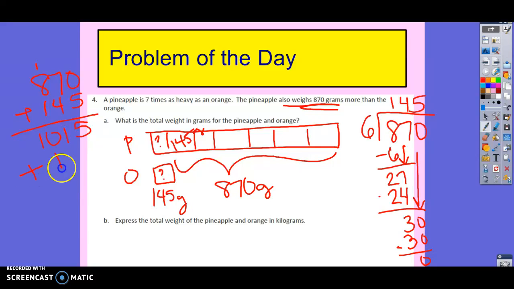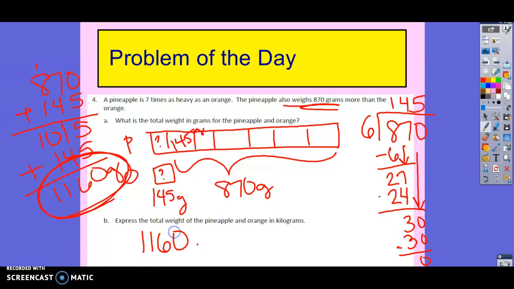So 1,015 plus the weight of the orange is 1,160. Now, guys, remember that's grams. That's the weight of both the pineapple and the orange. I need to know what the weight is in kilograms. So 1,160 grams equals how many kilograms?